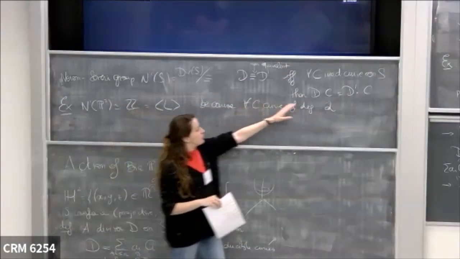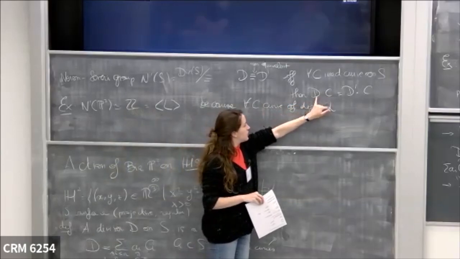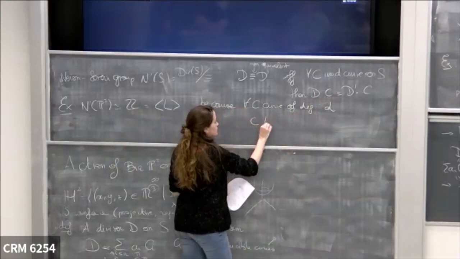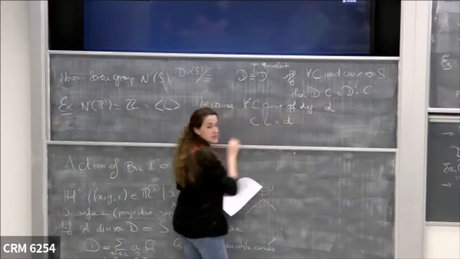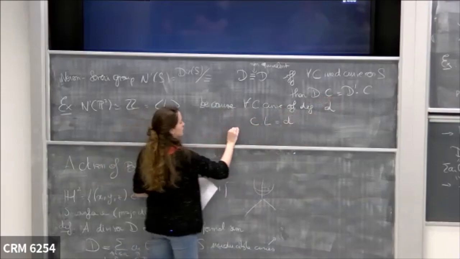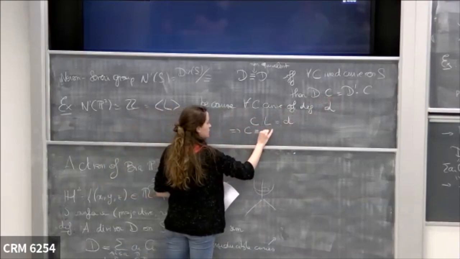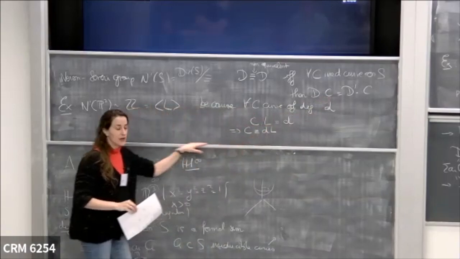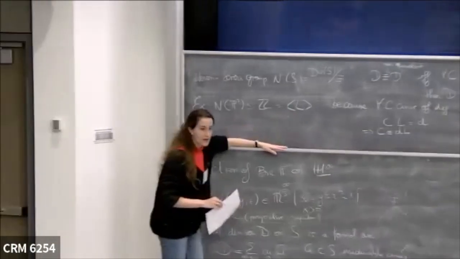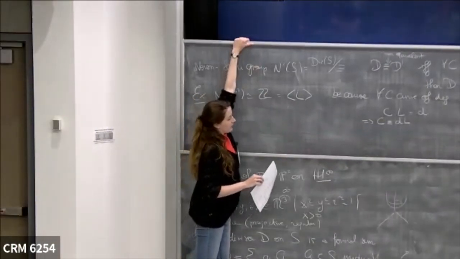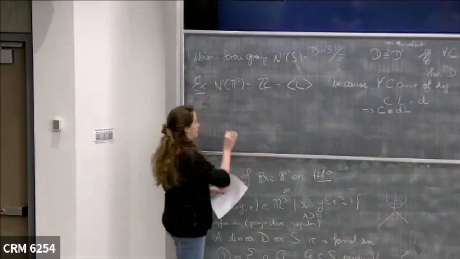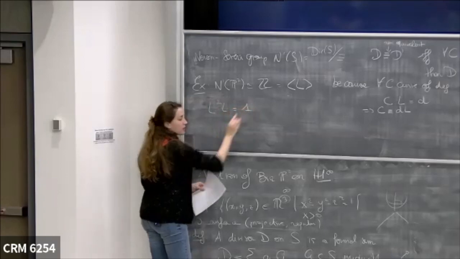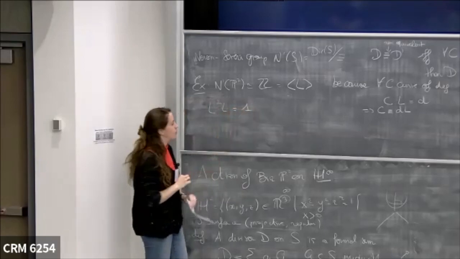So C times the line is D, which tells you that C, as a divisor, is numerically equivalent to D times the line. So this is generated by the line. If you do the self-intersection of the line, this is one: you intersect two lines and get 1 point.